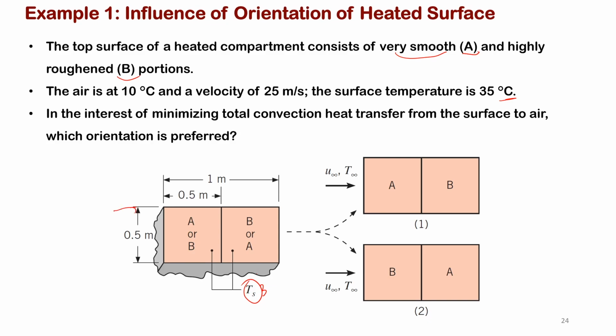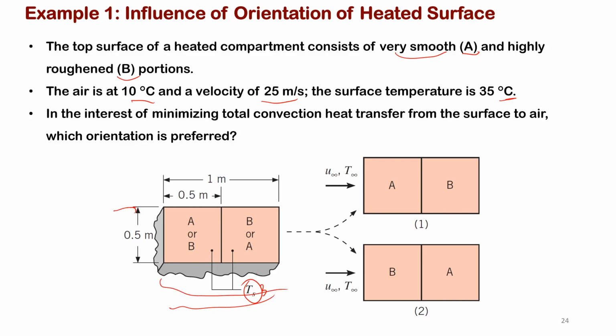And air is flowing above these surfaces at 10 degrees Celsius and velocity is 25 meters per second. So our goal is to find what is the total convection heat transfer across these surfaces.